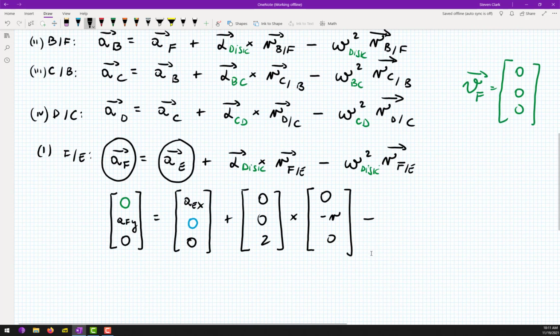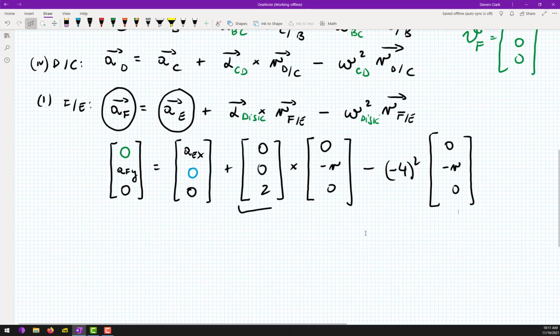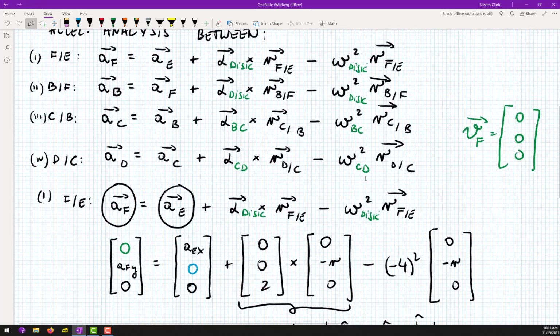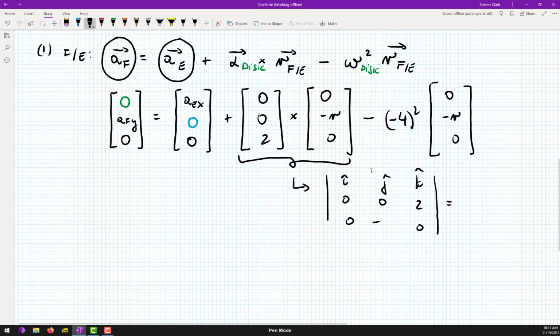Minus 4 squared, times 0 minus R, 0. Okay, we must do this determinant: ijk, 0, 0, 2, 0 minus R, 0. By the way, what was R? 2 also. So instead of R, I'm going to put 2 in here. So this will be 4, 0, 0.